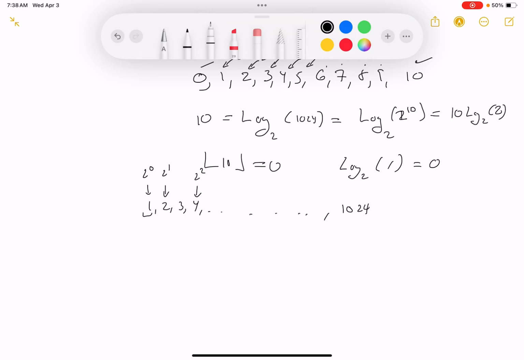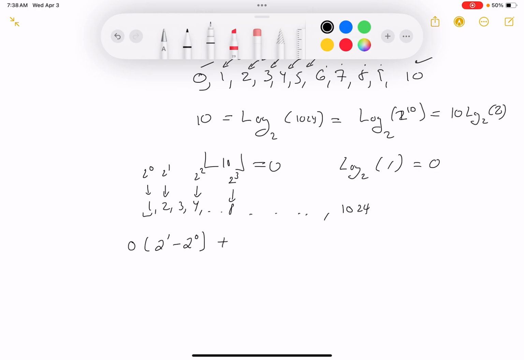If I keep doing this, 8 would be 2 cubed. So what I'll point out over here, the 0: how many are there going to be? There's just going to be one of them. So it's going to be 2 to the first power minus 2 to the 0.